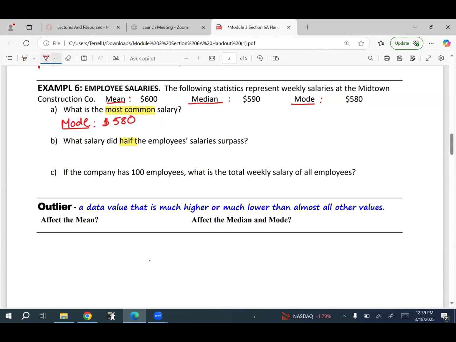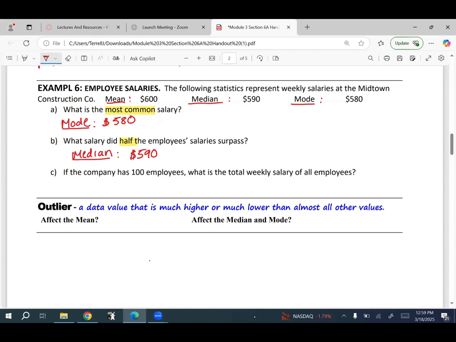So if the median is the middle number, to answer this question, what salary did half the employees' salaries surpass, meaning above? Well, the median is 590, which means the middle number is 590. So half of the employees' salaries are above 590 and half are below 590.